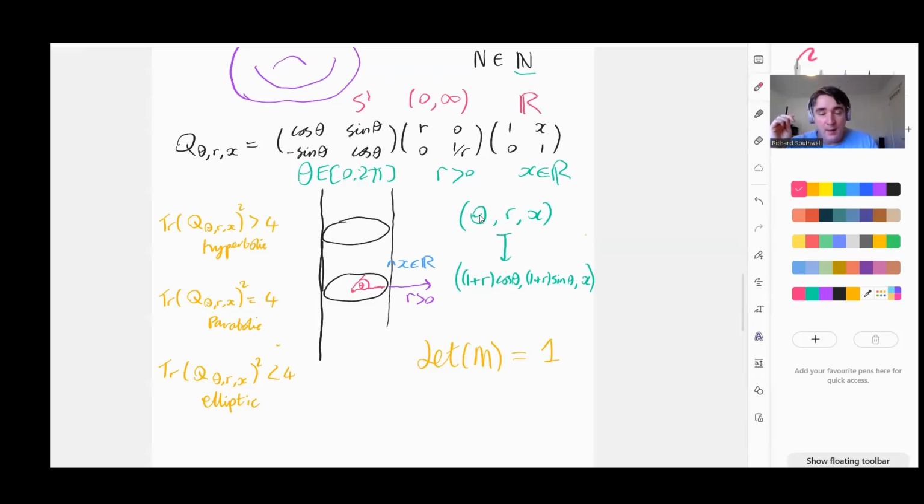And so if we take the product of all of these different manifolds, we're going to get a sort of manifold which in some sense looks like SL2.